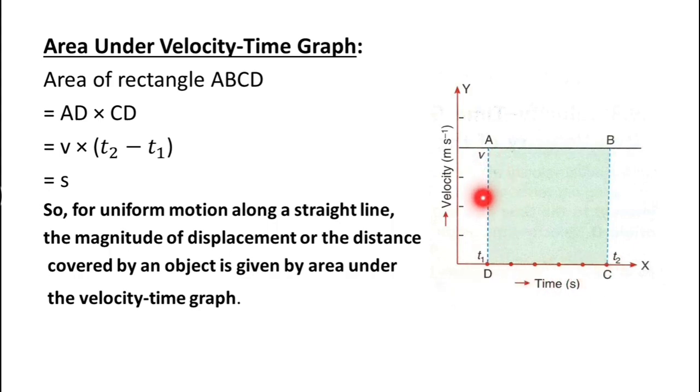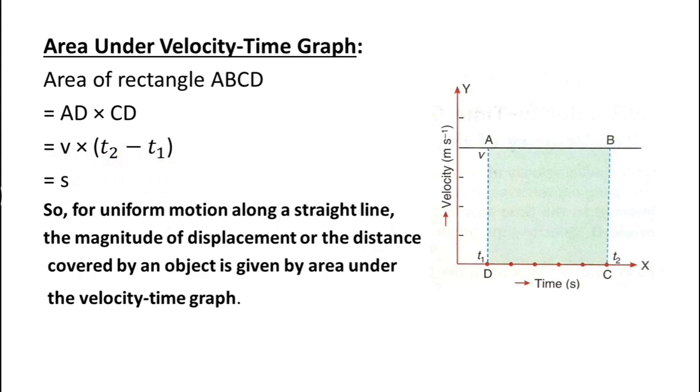In the rectangle ABCD, it is clear that AD is equal to V and CD is equal to t2 minus t1. Now, the area of rectangle ABCD can be written as AD into CD. And we know that AD is equal to V and CD is equal to t2 minus t1. So, we have V into (t2 minus t1).